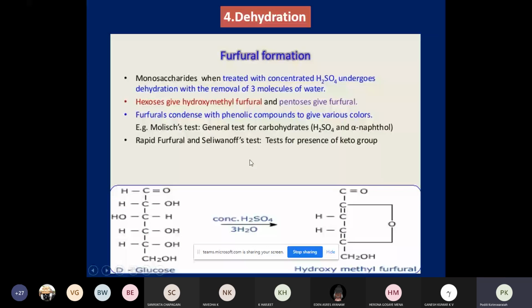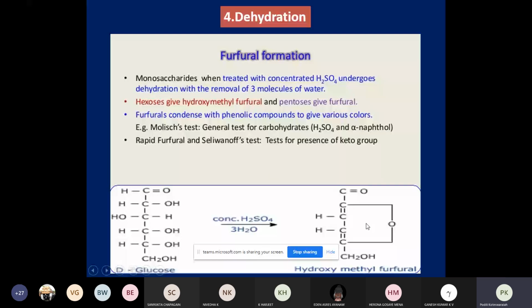When monosaccharides are treated with concentrated sulfuric acid, three water molecules are removed and form cyclic aldehydes, and these cyclic aldehydes are known as furfurals.